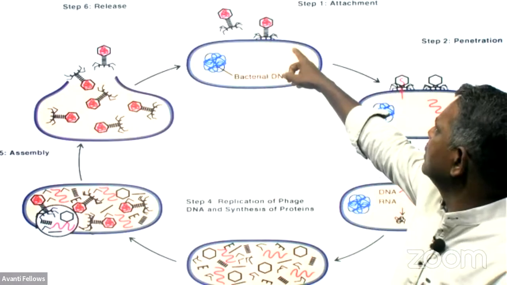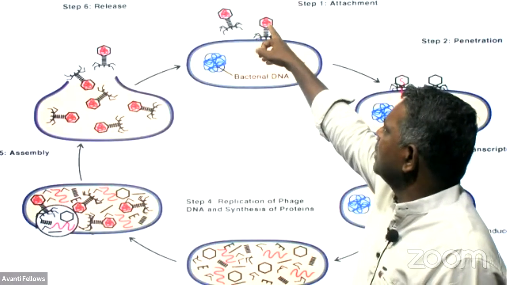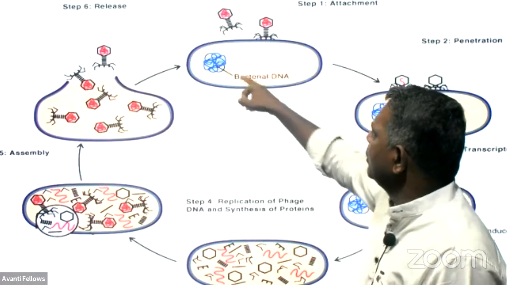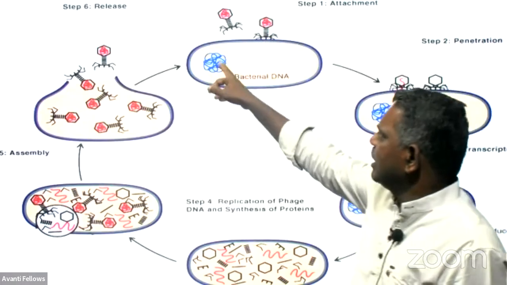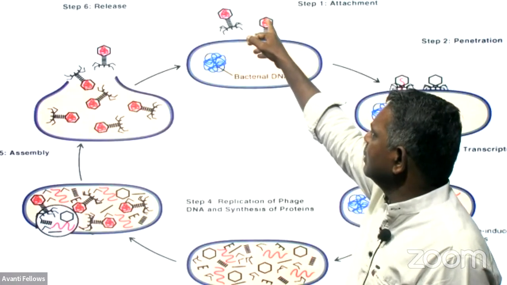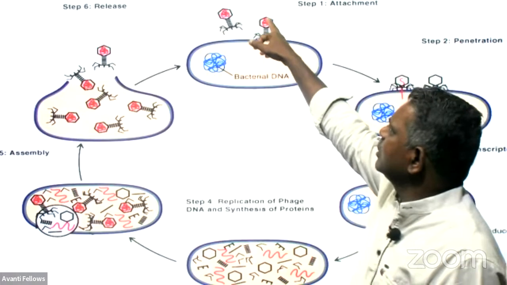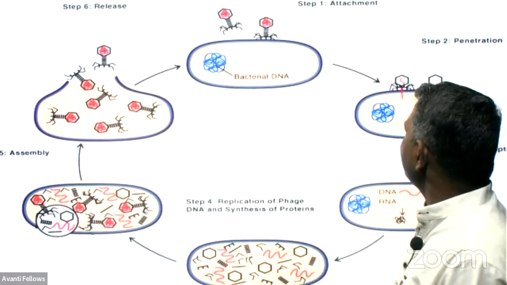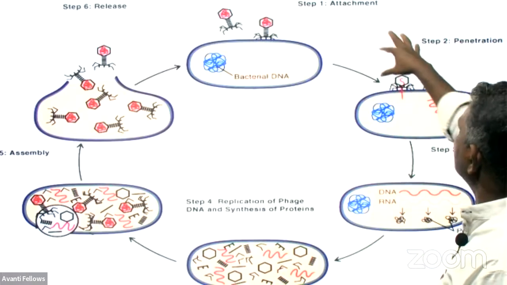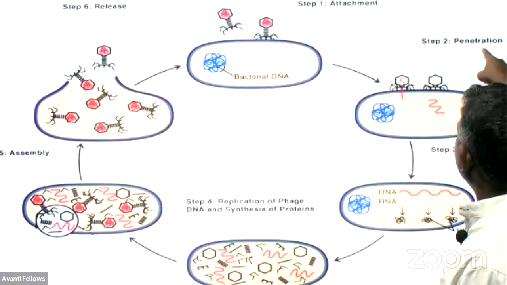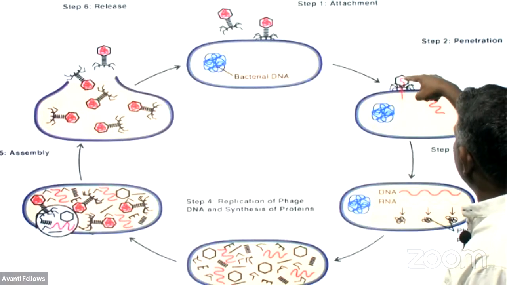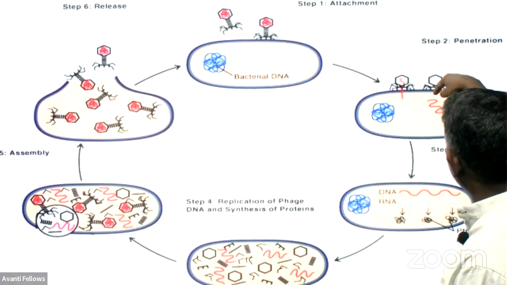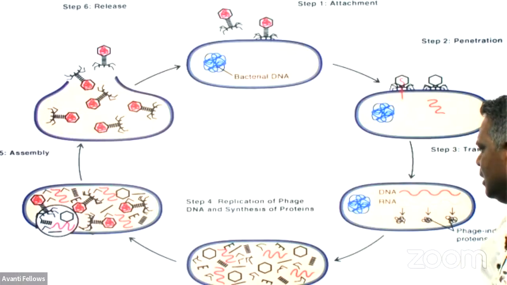The first step is infection: the bacteriophage attaches on the body of the bacteria. This is the bacterial DNA, and the red colored part in the head region of the bacteriophage is the viral genome. During infection, only the DNA content of the bacteriophage penetrates and goes inside.